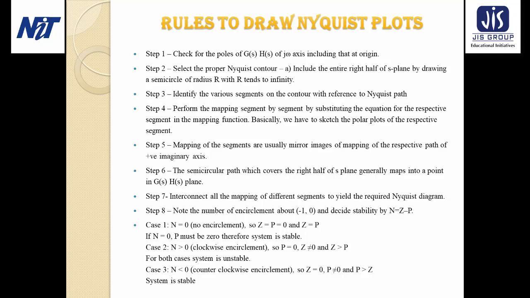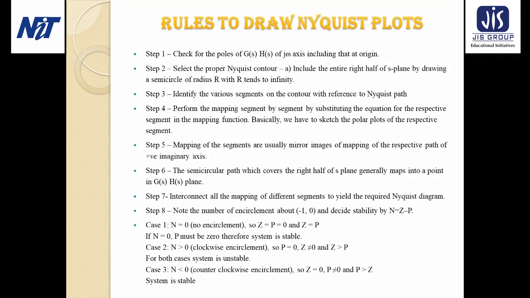And after the mapping of the segments, we will find that the mapping of the positive imaginary axis and the negative imaginary axis will be mirror images of each other.